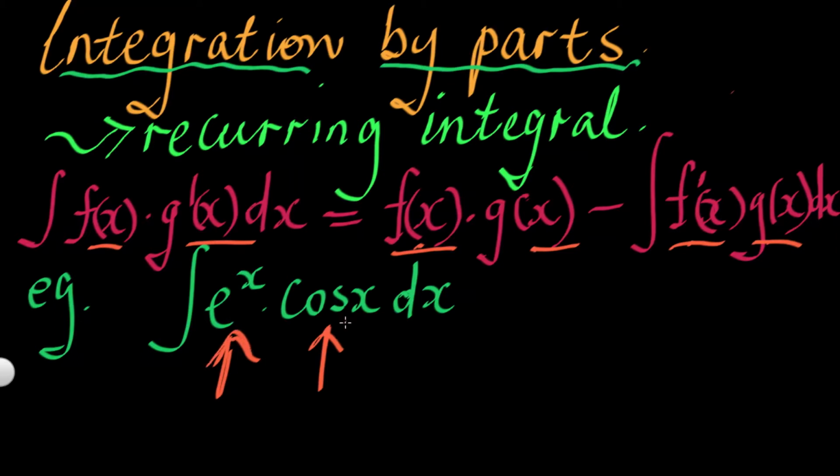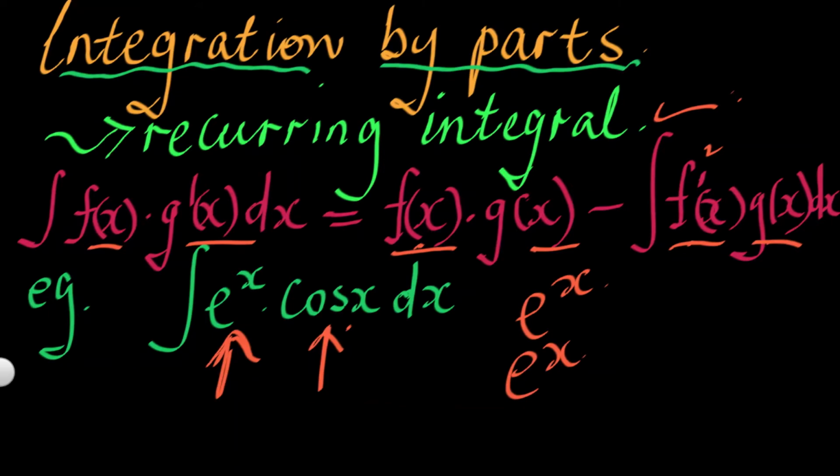If you have two functions that upon successive differentiation don't dissipate into a constant, you are going to have a situation of a recurring integral. If we take, for example, e to the power x as our f of x, if we differentiate it to find f prime of x, we still get e to the power x.